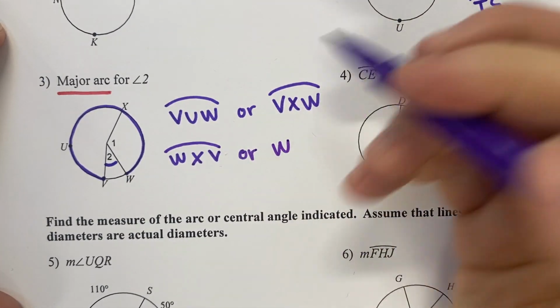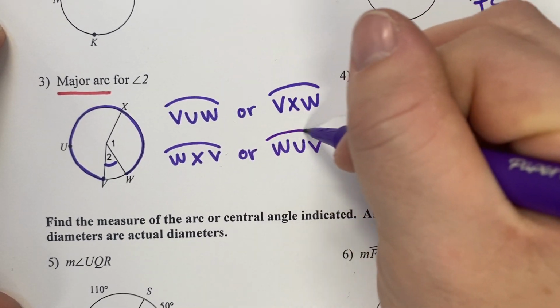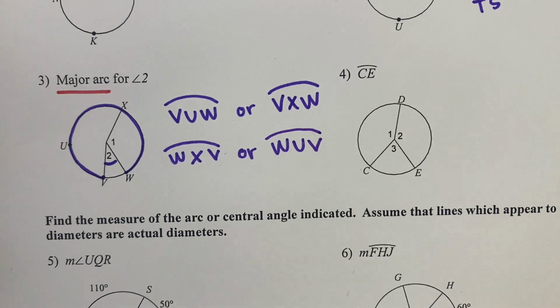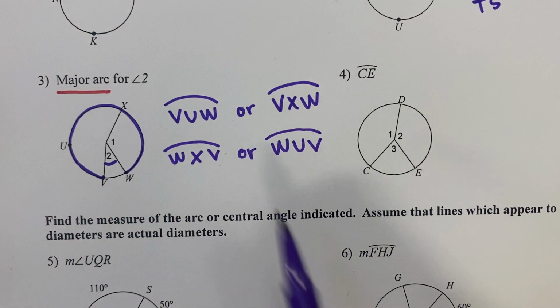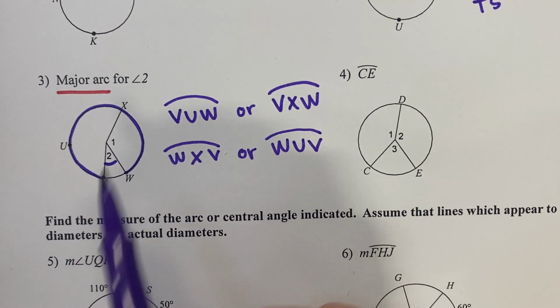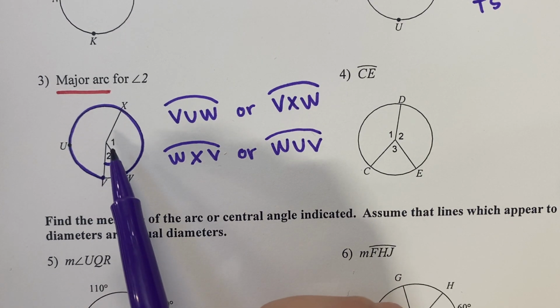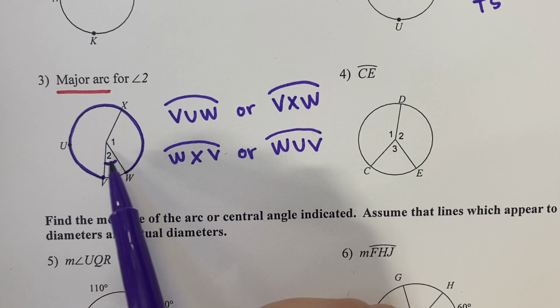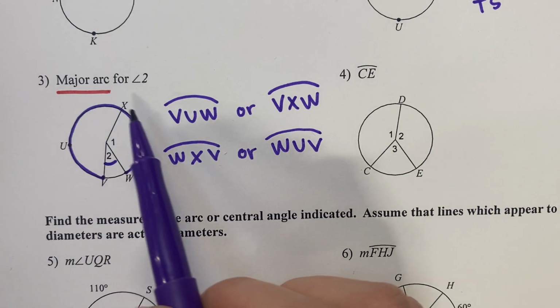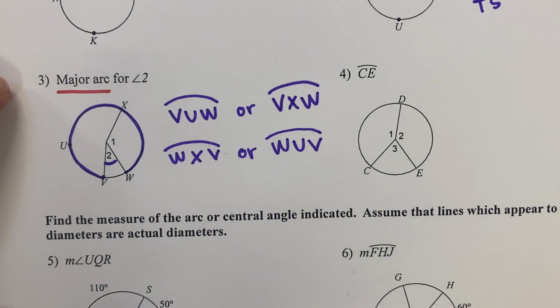Or start with W, have U in the middle and end with V. Any one of those answers is correct because that represents the major arc. It still has the same endpoints that are creating that angle 2, but this time it's the big arc, the one that goes all the way around.